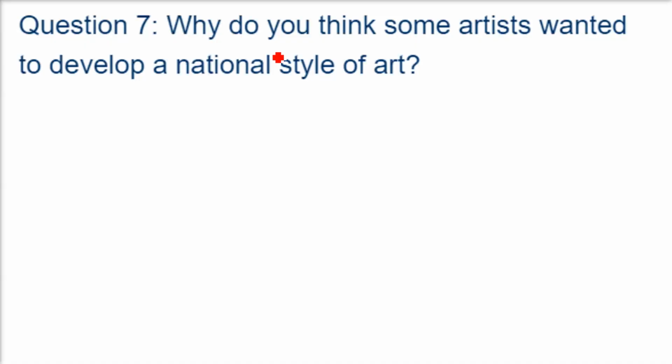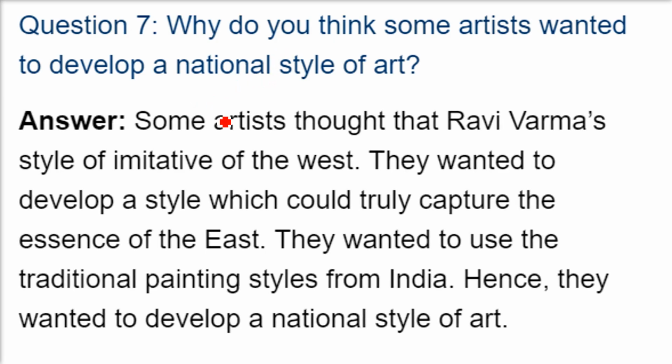Why do you think some artists wanted to develop a national style of art? So some artists thought that Raja Ravi Varma's style was actually an imitation of the West. They were saying that this is not actually showing the actual cultural Indian panorama.